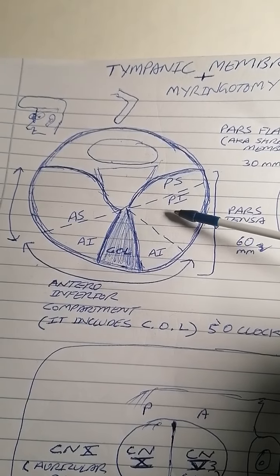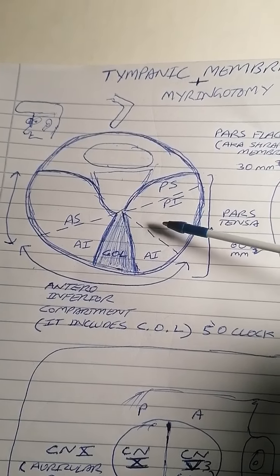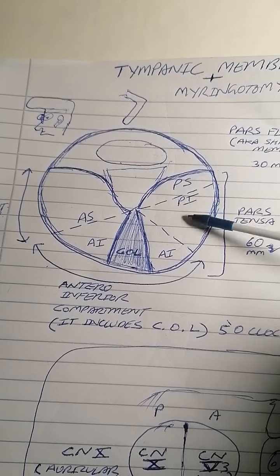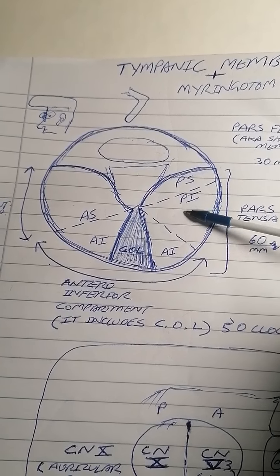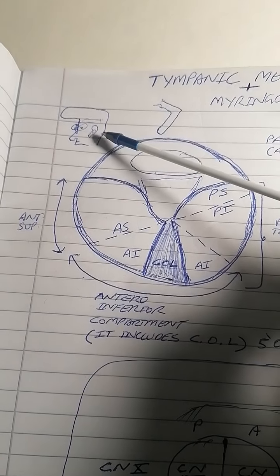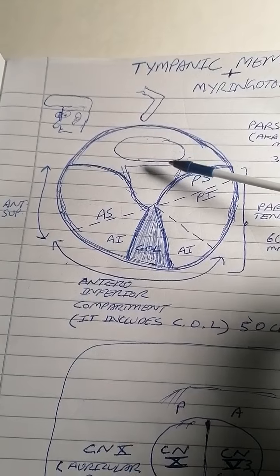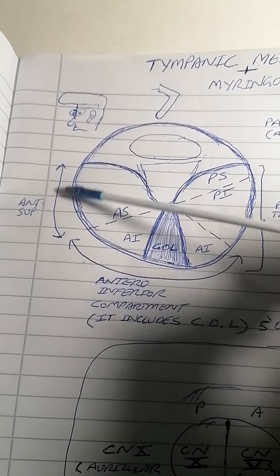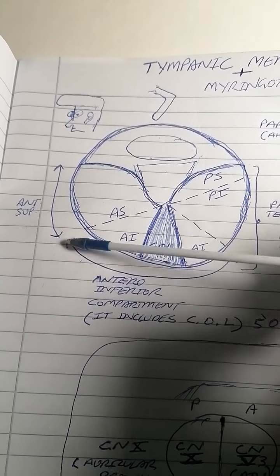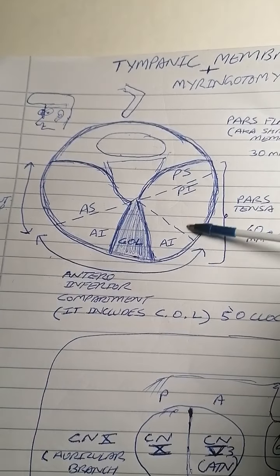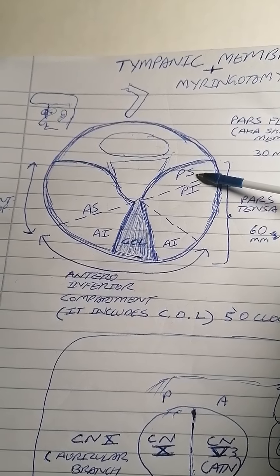And then we have posterior inferior and posterior superior. Of course these are posterior because this man is facing towards the left side. So anterior superior is from here till here, then anterior inferior, the whole of this area, then posterior inferior and posterior superior.